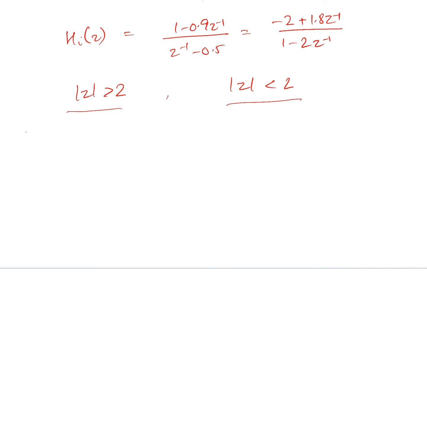So when you have mod z less than 2 as the ROC, then your hi1 of n is 2 raised to the power n u[minus n minus 1] minus 1.8 times 2 raised to the power n minus 1 u[minus n]. I'm just writing this for your reference. You can also try to compute it by yourself for the given ROC.